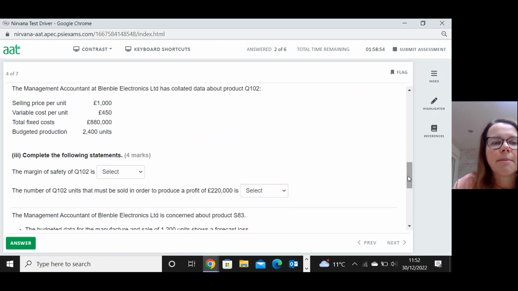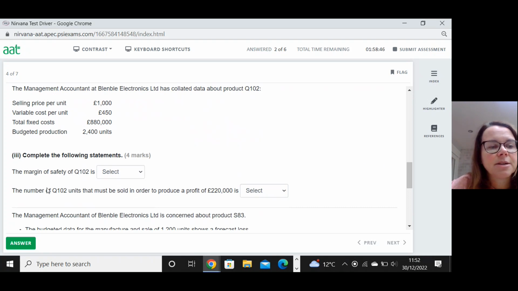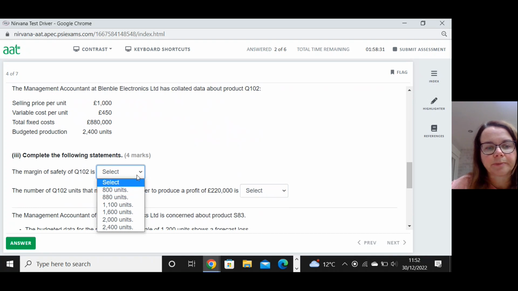The management accountant at Blemble Electronics Limited has collated data about product Q102. It's asking me to work out the margin of safety, giving me some data. Right, so I'm thinking, margin of safety, it wants the answer in units.